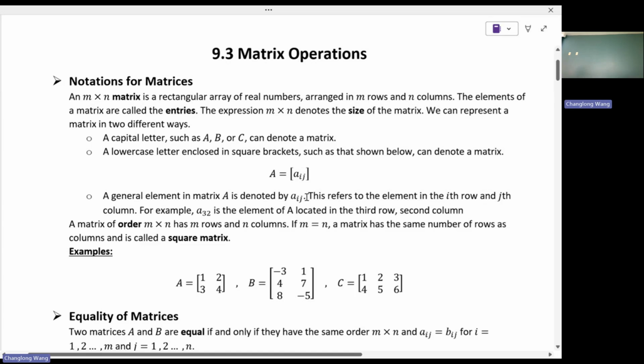It's a convention, right? So you don't have to do that, but when people write something like that, it should make sense to you. So when a matrix A has that many elements, each entry will be represented by a lowercase a with the index i representing the number of the row, the index j representing the number of the column. That's all. Okay.